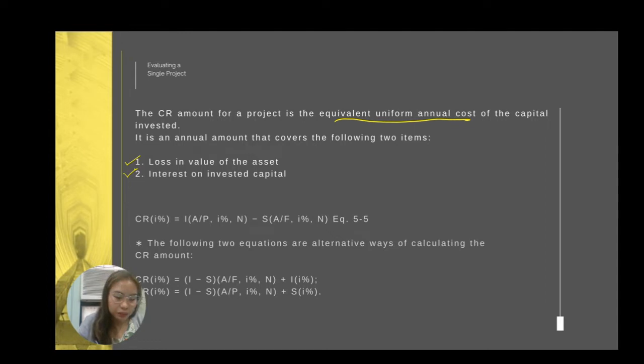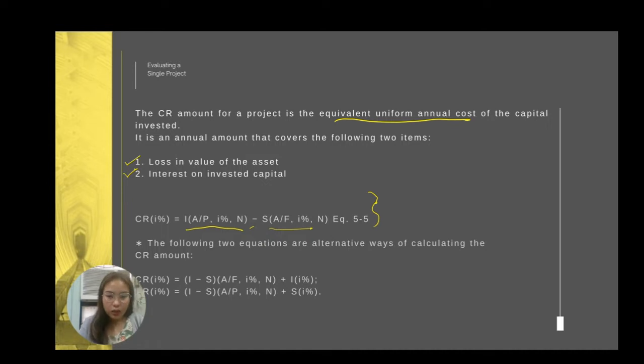There are several convenient formulas by which we can compute the CR amount, to obtain the results in the table in the next slide. I will show you. But the easiest formula to understand involves finding the annual equivalent of the initial capital investment and then subtracting from it the annual equivalent of the salvage value.